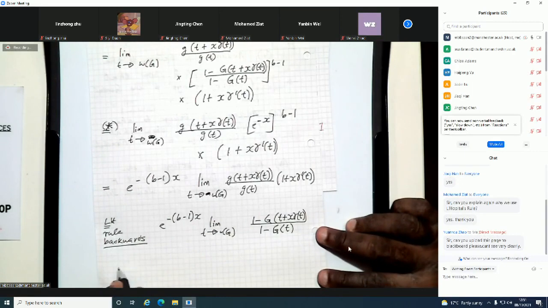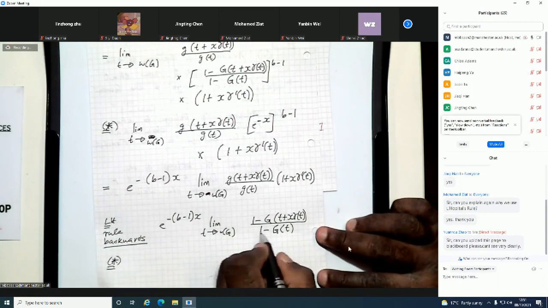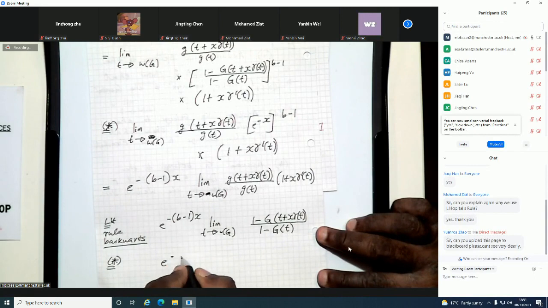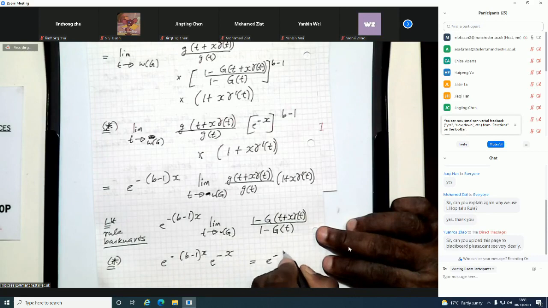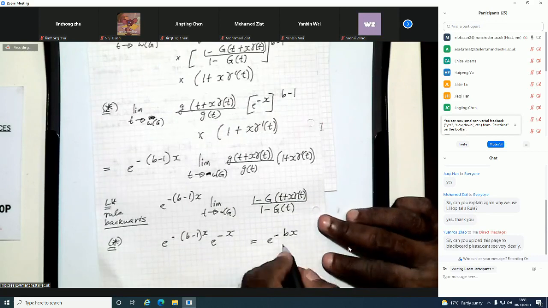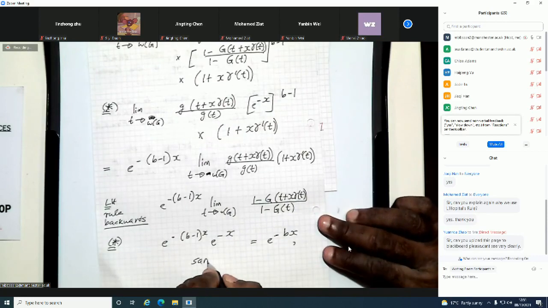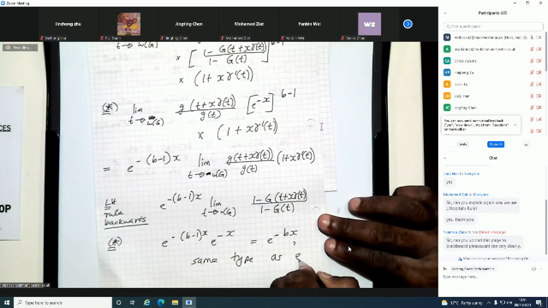Now this, by star, one more time, the limit of this is equal to this, and this is e of minus Bx, which is of the same type as e of minus x.